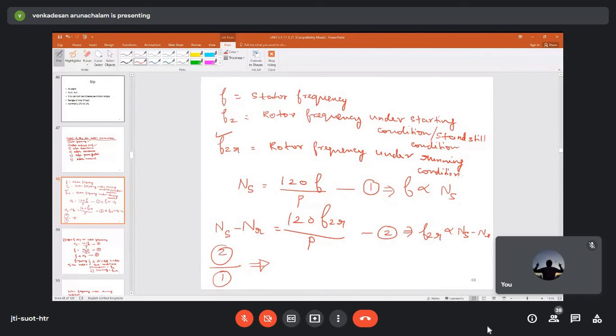If you divide 2 by 1, what will I get? What is my F2R? What is the rotor frequency under running condition? What expression am I getting? Tell me. Yes, S into F. So what do we understand from this expression?